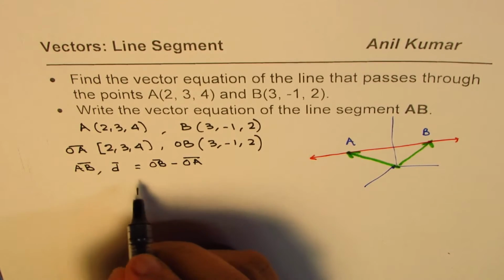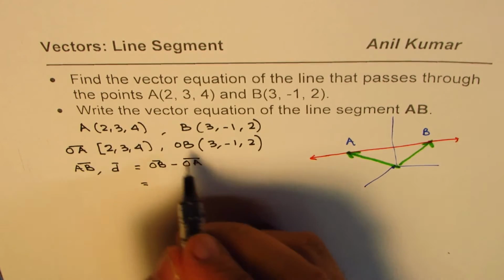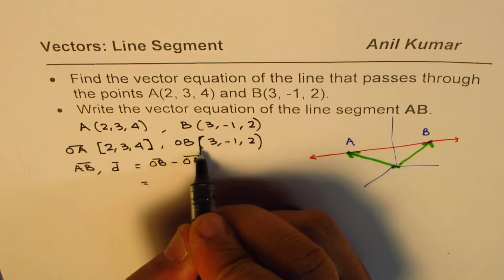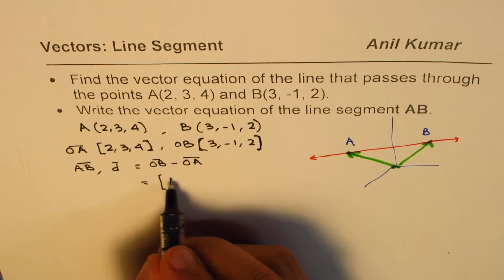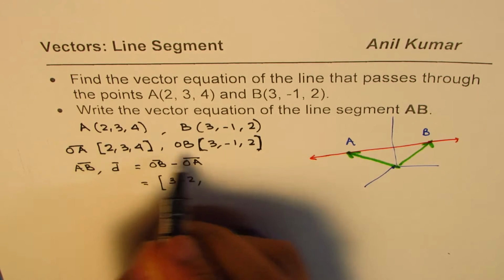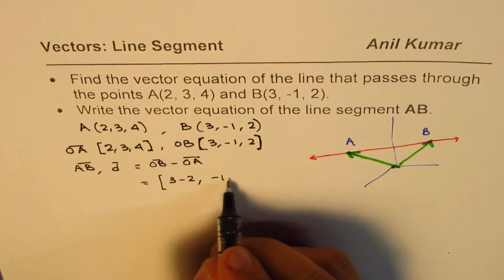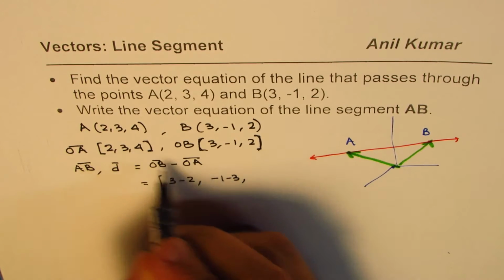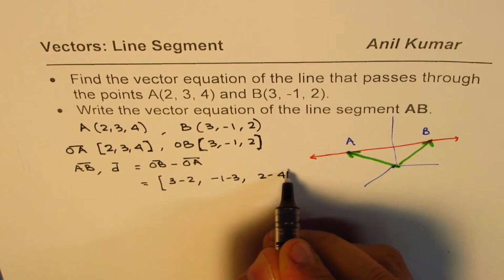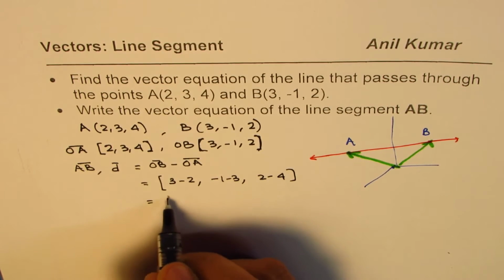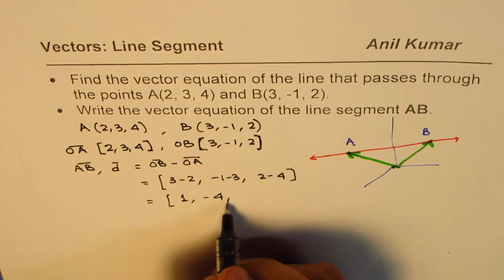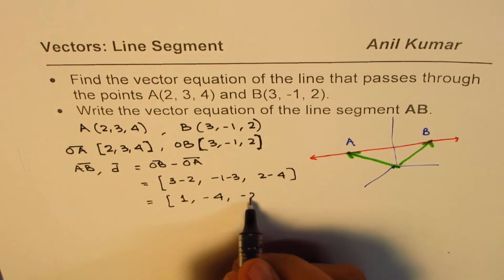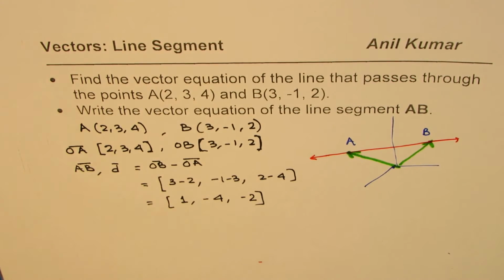So we could write this as, in square brackets for the vector, 3 minus 2, and then -1 minus 3, and 2 minus 4. So the direction vector is 3 minus 2 is 1, that is -4, and this is -2.